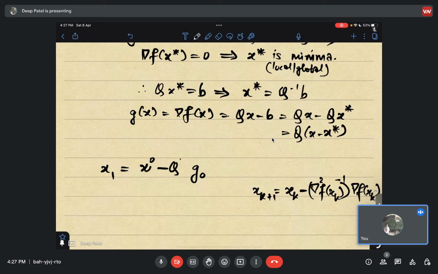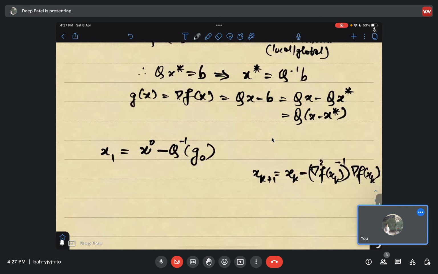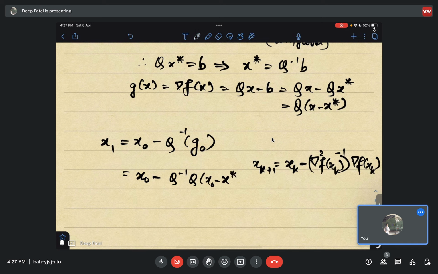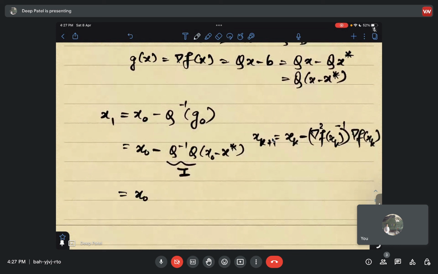So this is Q inverse times the gradient at x0, or you can write xk and x(k+1), it's clear from context. So what do we get? x0 minus Q inverse Q (x0 minus x star). Q inverse Q is the identity, so x0 minus x0 plus x star. So you get x star.